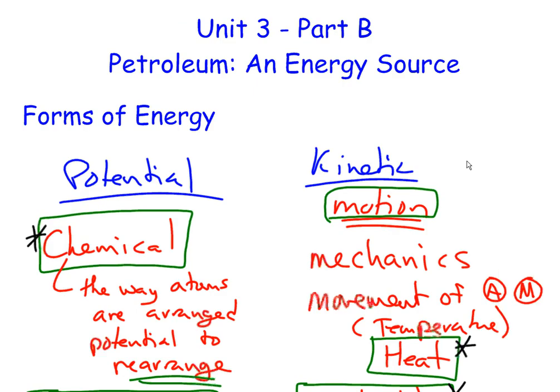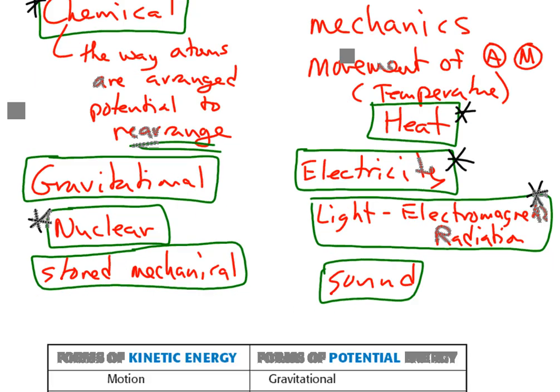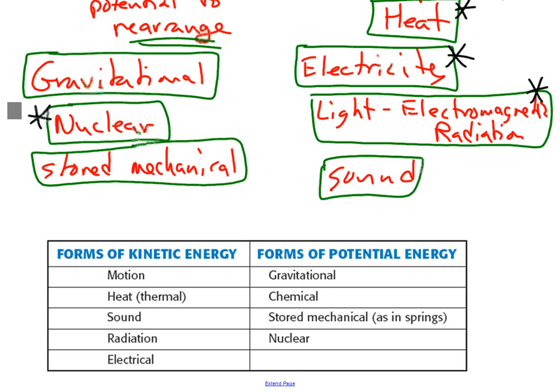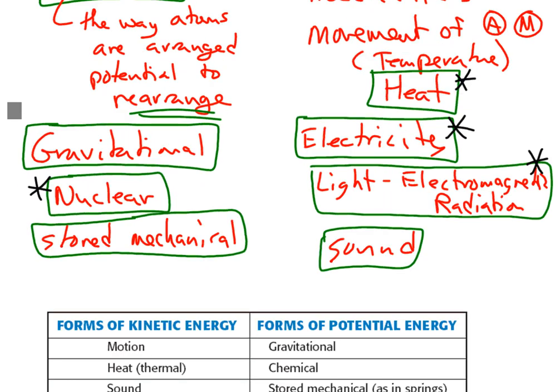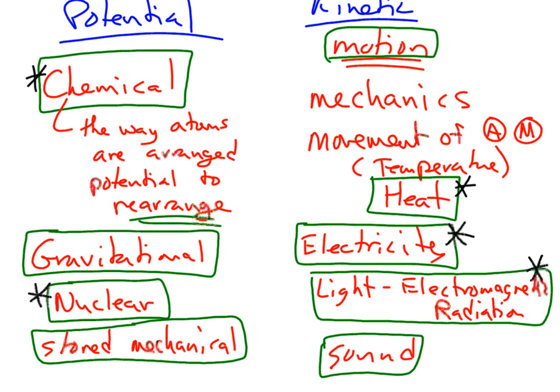And then we had our different forms of kinetic and potential energy, which we should be mostly familiar with, the chemistry ones. Stored chemical energy is because of the way atoms are arranged. The kinetic part of that is the motion of the molecules.